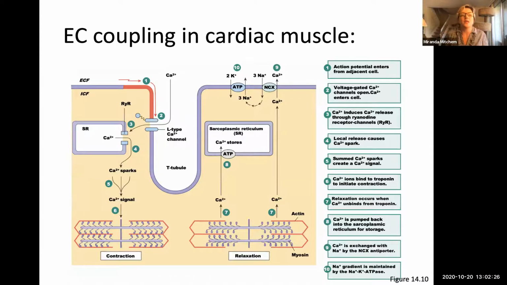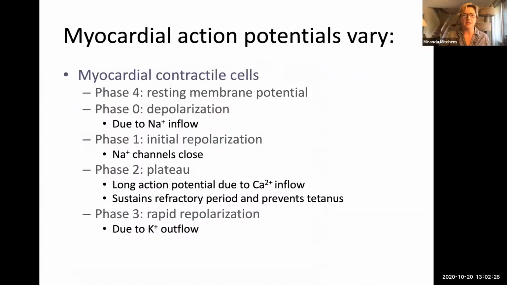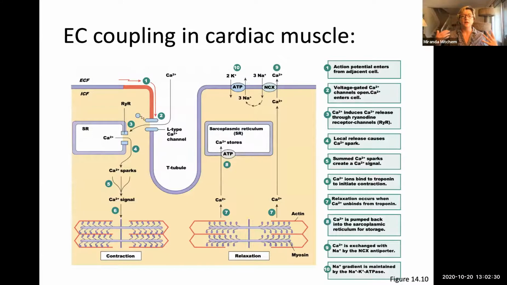Okay, so we're looking at the excitation coupling in the contractile cardiac muscle. It begins with an action potential moving down that T-tubule. The action potential is what triggers the calcium channel to open.